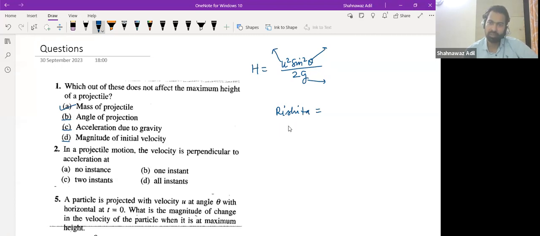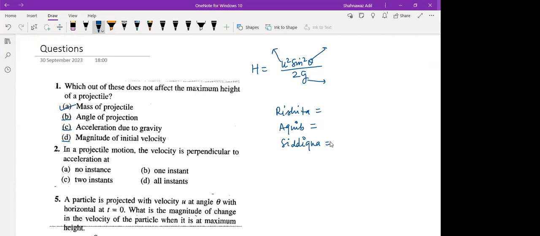And tell me at how many instants the velocity is perpendicular to the acceleration. Remember, what is the direction of the acceleration?